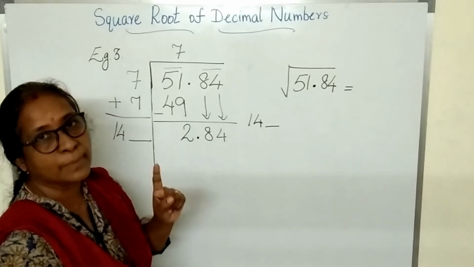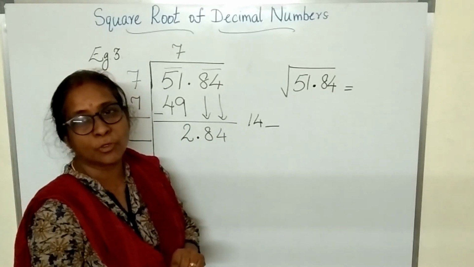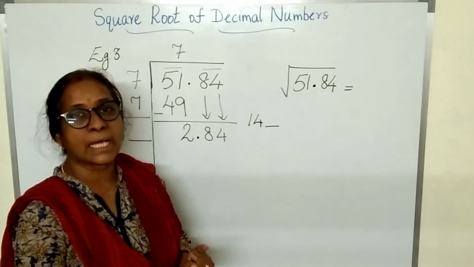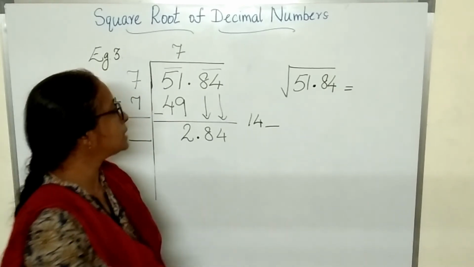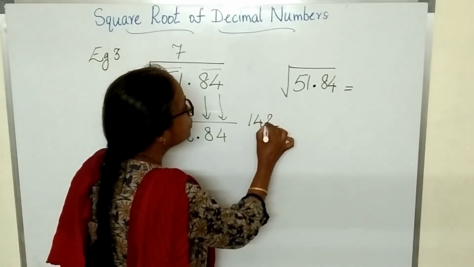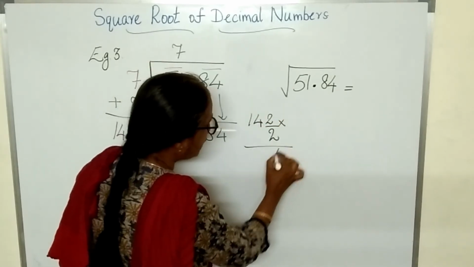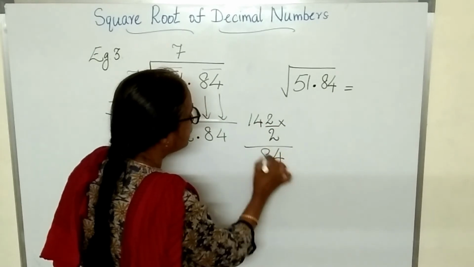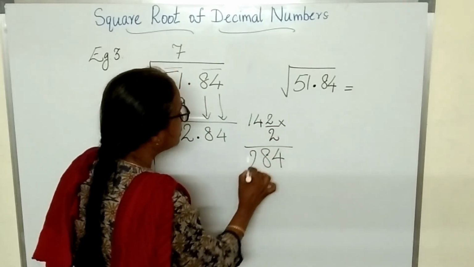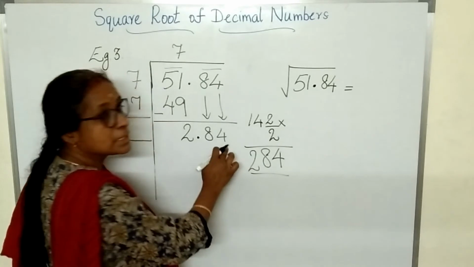So which square numbers? 2 2s are 4 or 8 8s are 64. So let us try with 2 first. So 2 and then multiply by 2. 2 2s are 4. 2 4s are 8. 2 1s are 2. We got the same number.